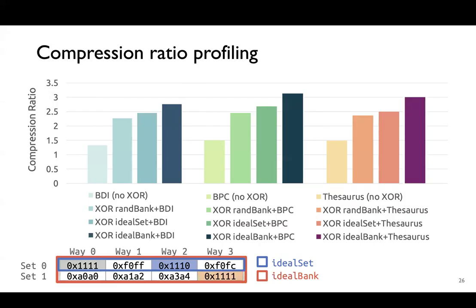If we further allow a line to search at a larger scope, in this case searching for its XOR candidate across the entire bank, which we call the ideal bank scheme, we will achieve an even higher compression ratio. So that's the fourth set of bars here. This boosts baseline compression ratio by more than 2x. So backed by these results, we showed that XOR compression has great potential as a catalyst for boosting compression.